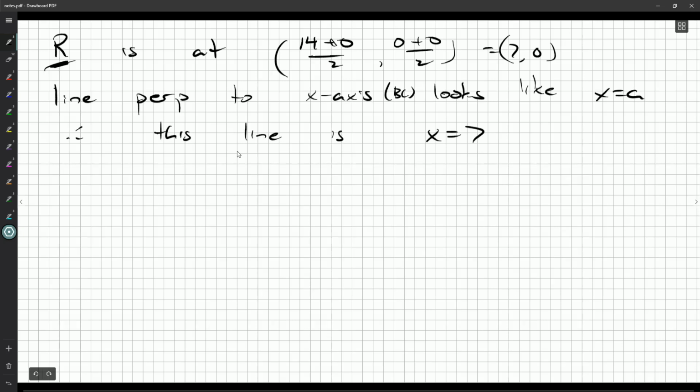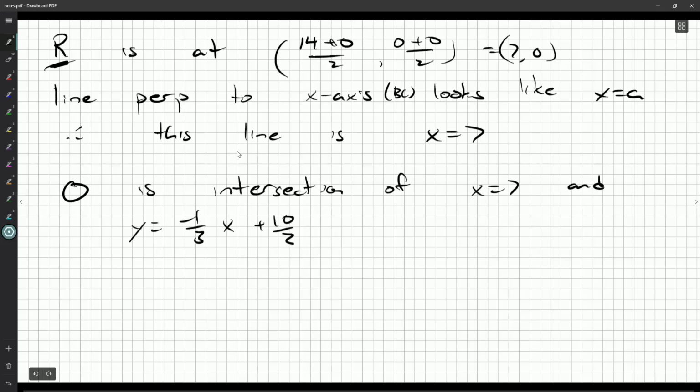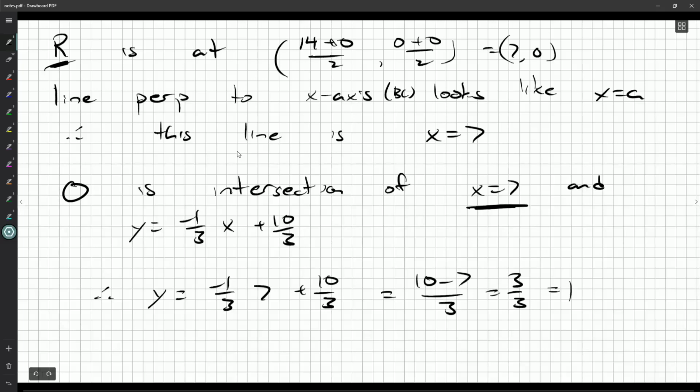Okay, so we're looking at x equals 7, so O is the intersection of x equals 7 and y equals negative 1/3 x plus 10 over 3. Well, this is really easy because we've got x equals 7. So this is going to be 10 minus 7 over 3, or 3 over 3, which is 1. So O is at 7, 1.